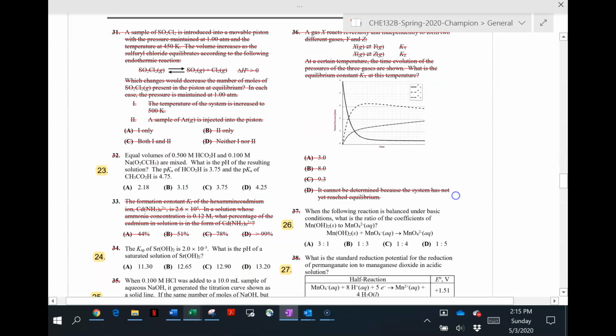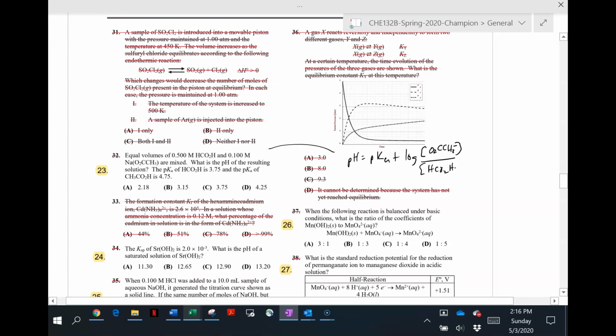Moving on down here, looking at number 23, we have a buffer problem. We're mixing acetic acid and sodium acetate. I'll write this over here: pH is equal to pKa plus log of the acetate ion, the O2CCH3 ion, over the acetic acid, HCO2H.